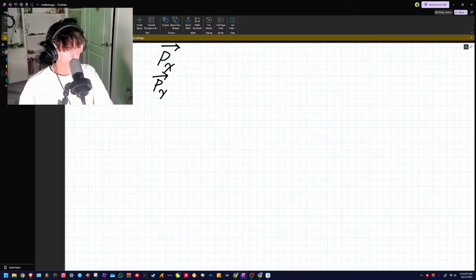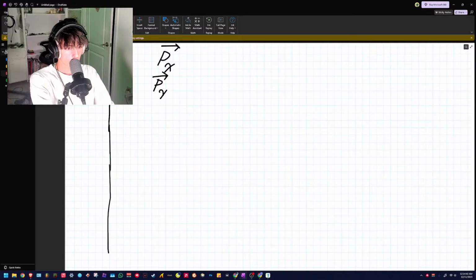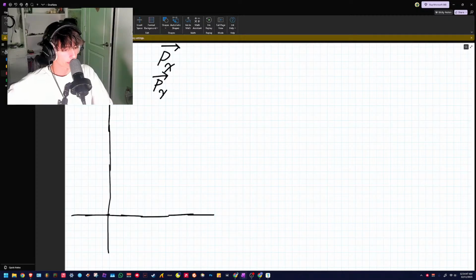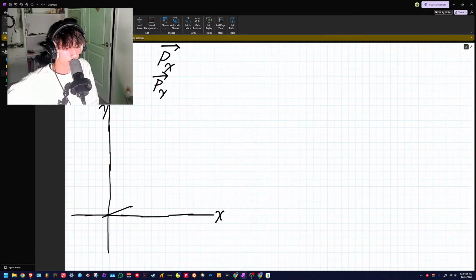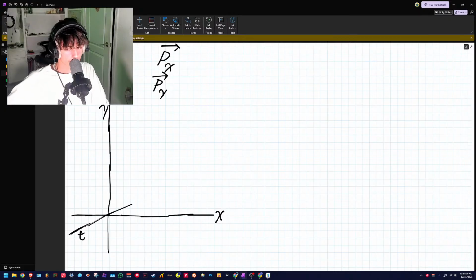So we have them. What we're going to do now is have this graph. I'm going to make it right about here. And we're going to set this to be X, this to be Y, and this to be T. Boom, perfect.